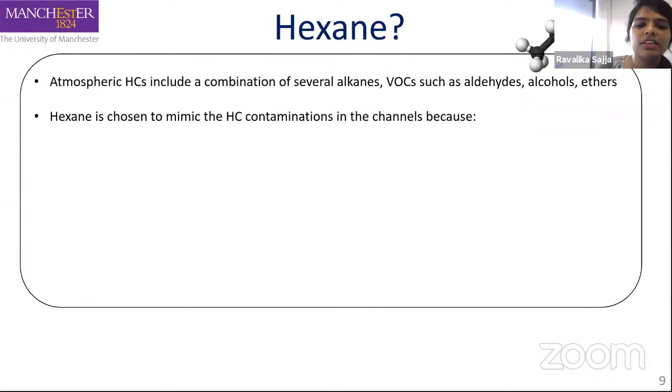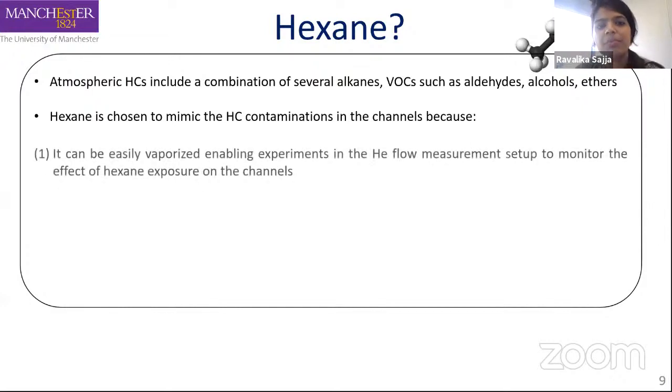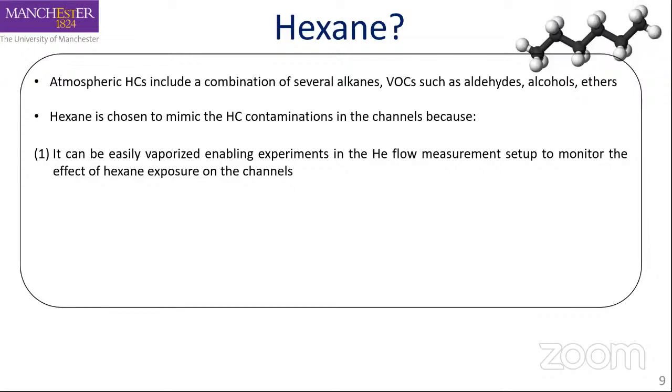So in our studies, we then tried to mimic the hydrocarbon contamination using a model molecule. As known, atmospheric hydrocarbons include many alkanes and volatile organic compounds. We use hexane for the following reasons. Hexane can be easily vaporized and hence was a better solvent for our experiments.